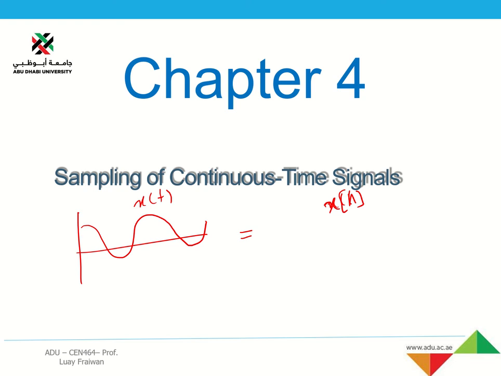First we are converting from continuous to discrete, or from analog to digital. Then we will also learn how we can convert from digital to analog. That will be reconstruction. We will learn about all of this in this chapter.